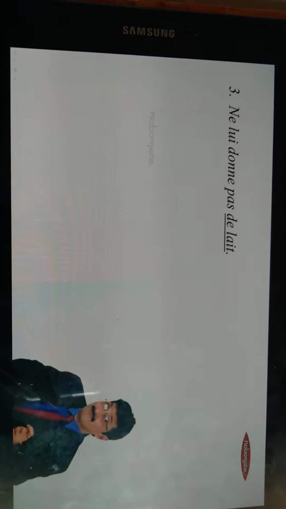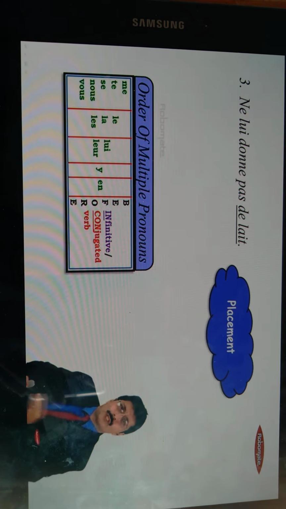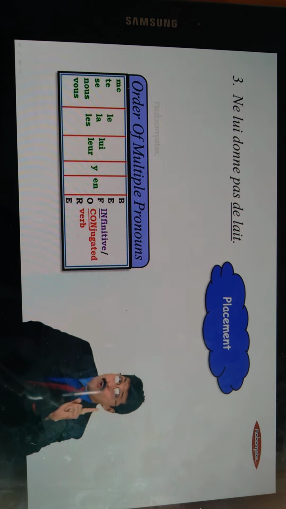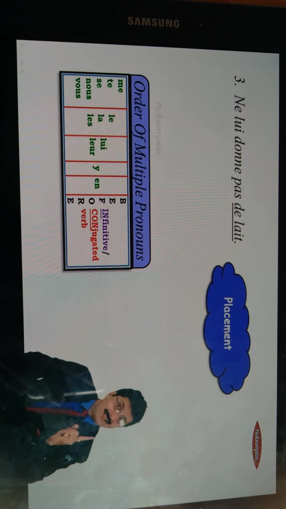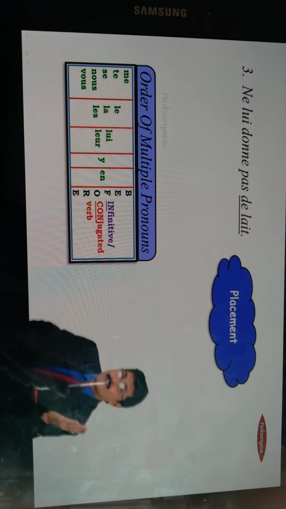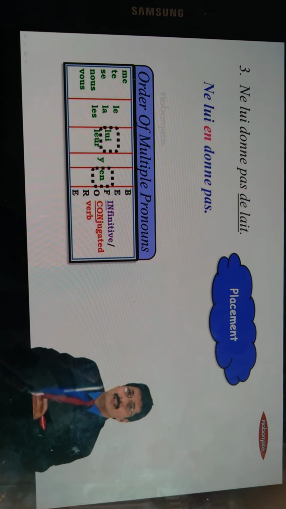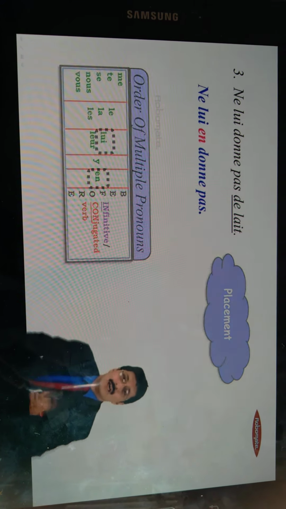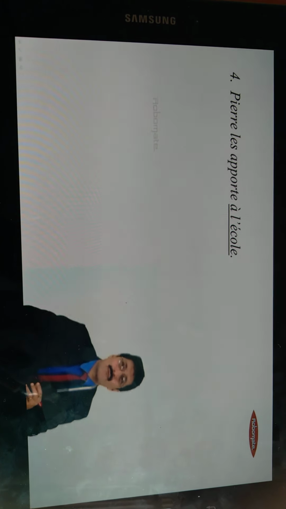That was the de rule in articles. Placement. This is the imperative negative, so we follow the normal placement order. Only after the imperative affirmative, we follow the other order. Right now we follow the same order. Lui is going to come before en, both are going to be before the conjugated verb donne. So here is my answer. Ne lui en donne pas.